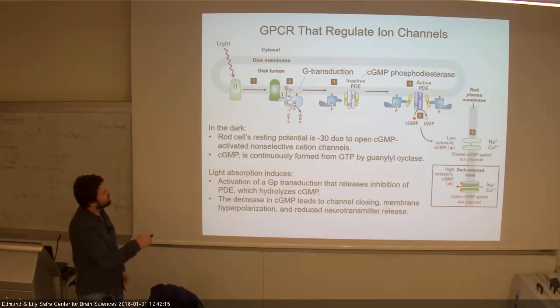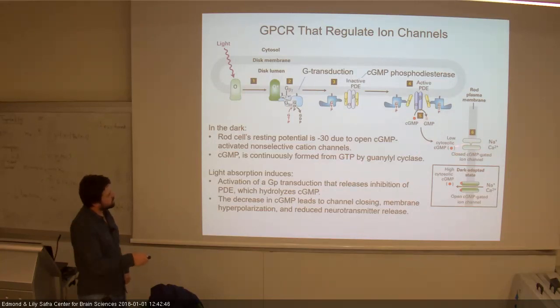But once a photon is received by the opsin, you get a conformational change in the opsin. The G protein becomes activated, like I showed you before, travels along the membrane and activates an enzyme that is cyclic GMP phosphodiesterase. Okay, and the ase tells you that this enzyme breaks down cyclic GMP to GMP, and what it does is lower the local concentration of cytosolic cyclic GMP, and thus closes these channels.